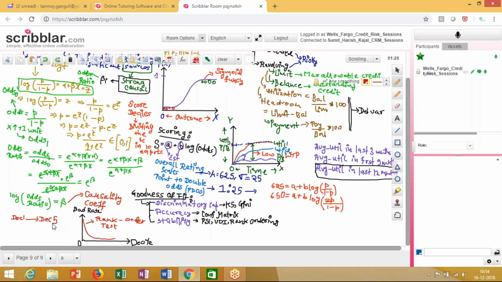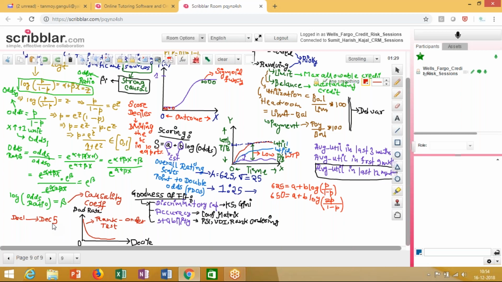In fact, take decile 4. Now what I see is that the bad rate in decile 4 is lower than that in decile 5. It means that my model has not been able to distinguish between the good and the bad borrowers in these two deciles, decile 4 and decile 5. It means there is some problem in my model in these deciles, and hence the rank ordering test breaks.